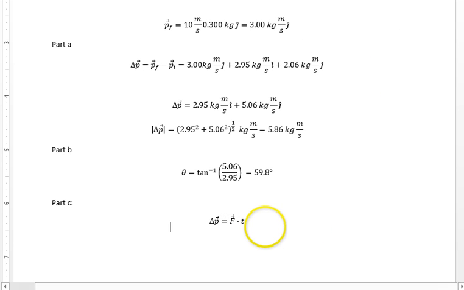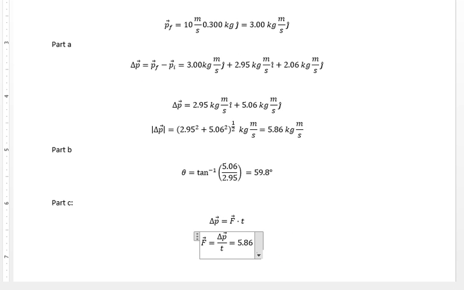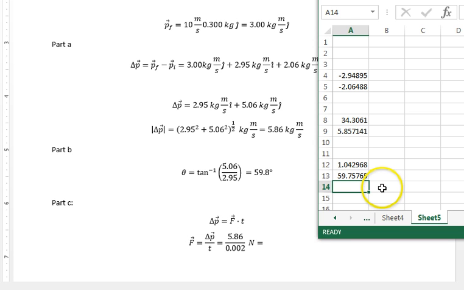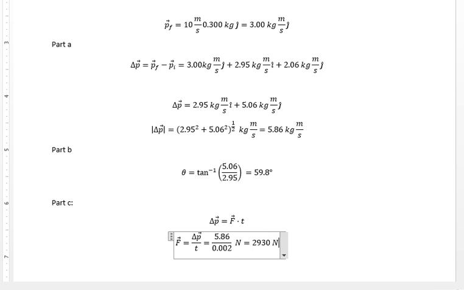And since time is a scalar, the force is in line with the momentum change, the impulse. And so all we're really looking at is the magnitude, which is 5.86 kilogram meters per second. So 5.86 divided by 0.002, since it's 2 milliseconds, and that's going to end up being newtons. So 2930 newtons.